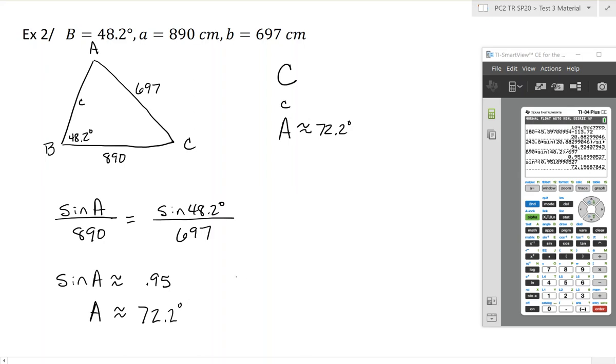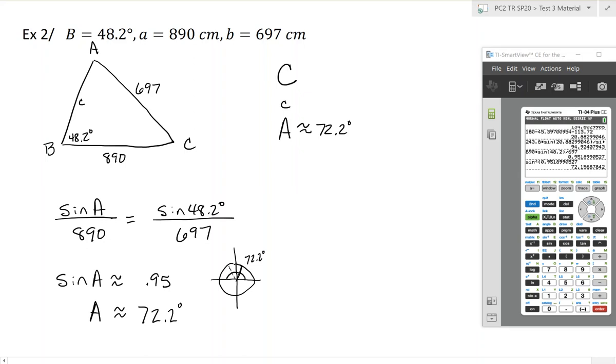All right, but if you think about it, let's look at this again. Where is the sine of an angle 0.95? It's right here at your 72.2 degrees, but you also have this angle over here. So how do we get that?